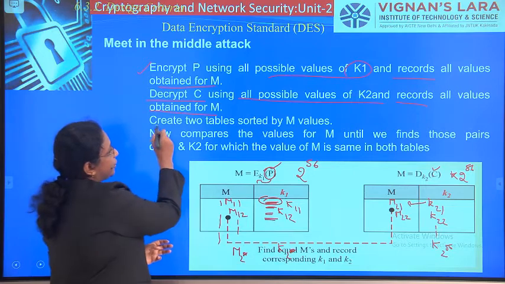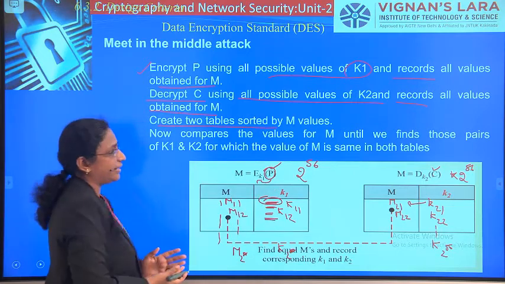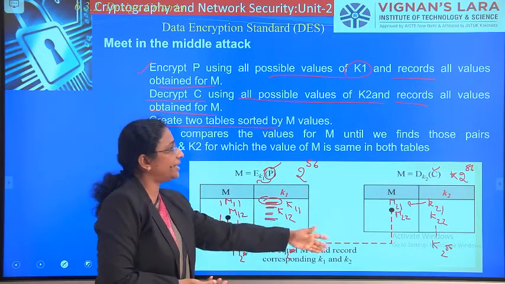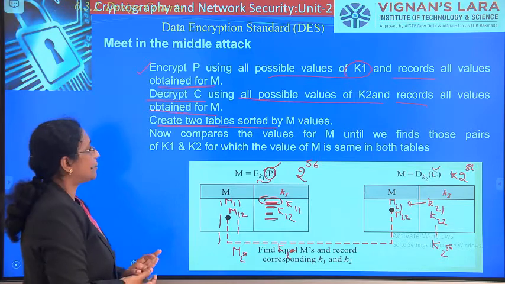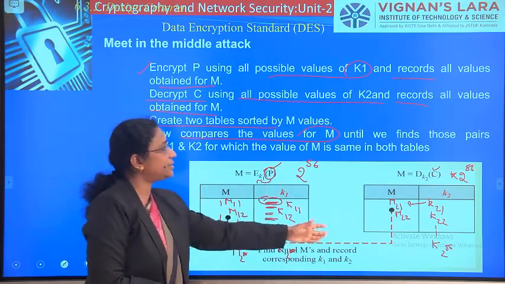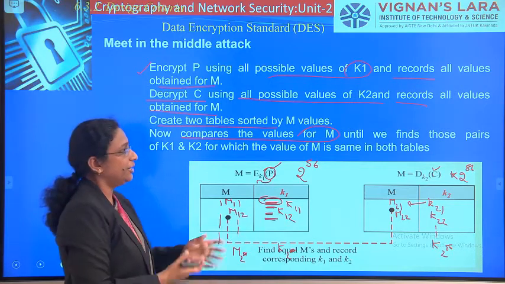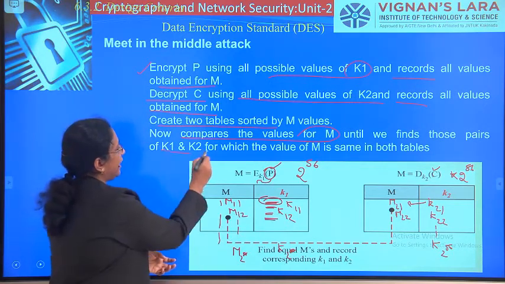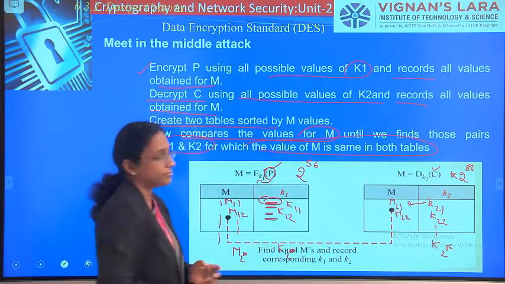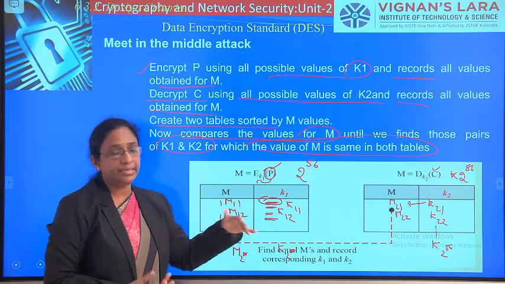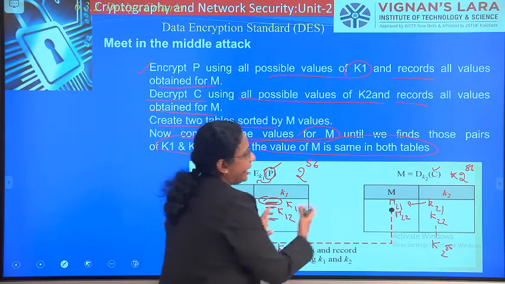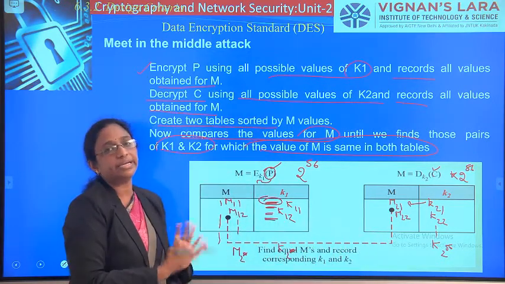Then the two tables are created and sorted by M values. After sorting, when he compares the two tables, he will be finding pairs of K1 and K2 for which the value of M is the same in both tables. Since encryption and decryption are in the reverse order, ultimately there will be some M value here and some M value there that are equal.